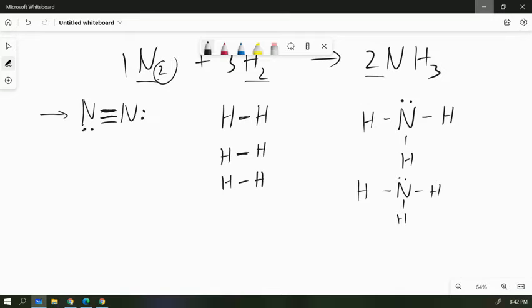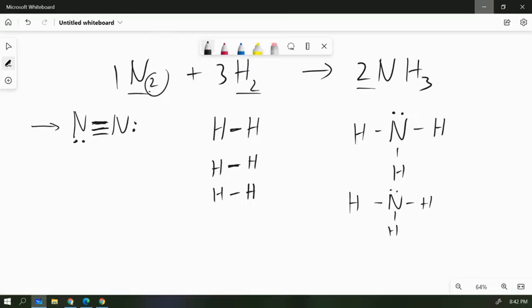Okay. All right. This is a lot of work already just for one problem. We've balanced the chemical reaction. We've determined the Lewis structures and we've drawn all those out so we see every single bond that's involved in this reaction. Now, the next step is, in this reaction, all of these bonds here that I'm going to circle need to be broken in order for these new bonds over here to be formed.